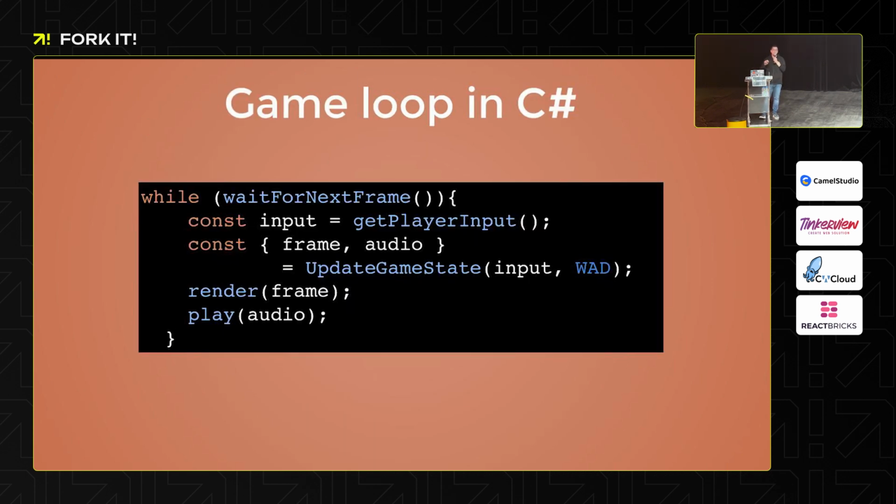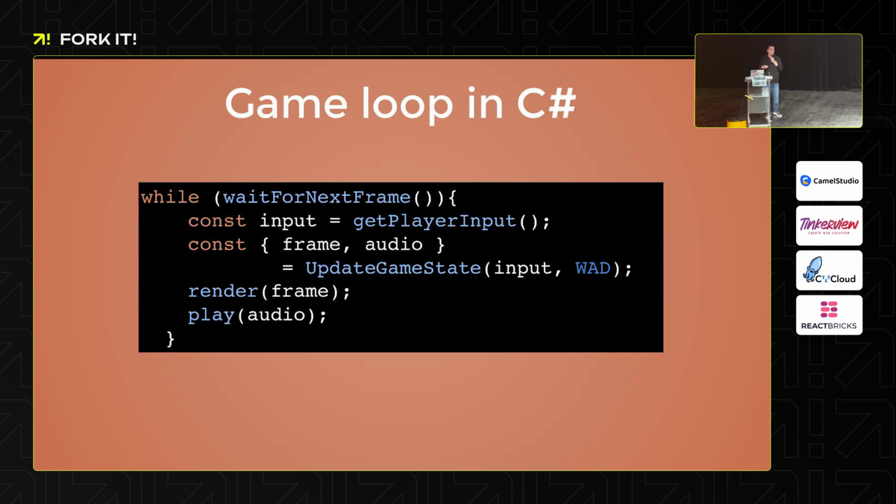So this is an example of something that was relocated to JavaScript. The game loop. Any video game runs in an infinite loop, which is called for every frame of the game. So for a 30 FPS game, this loop iterates 30 times per second. And for each iteration, we get the player input, what he pressed on his joypad or keyboard, and then we update the game state, the position of the player, the position of the enemy, the HP of the player.